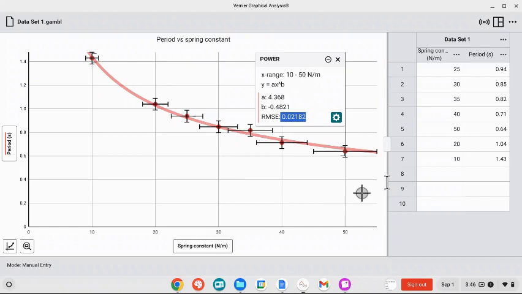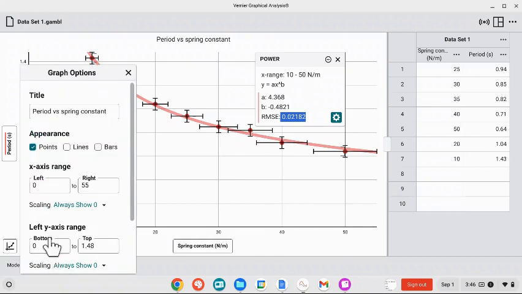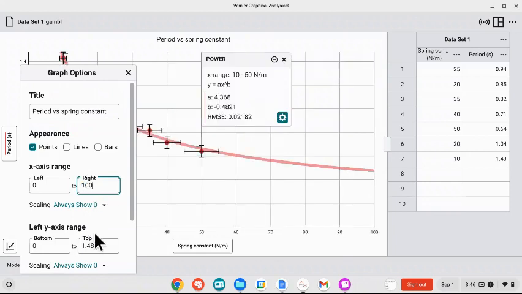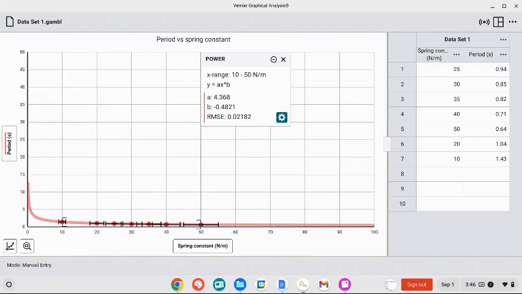If we were to take a little bit of time and zoom out of this graph, so I'm going to make this one really big, you're going to see asymptotes on either of those two axes. You've got an asymptote over here and another asymptote over here. That's going to make physical sense because as we increase that spring constant, that period is going to get smaller and smaller and smaller.